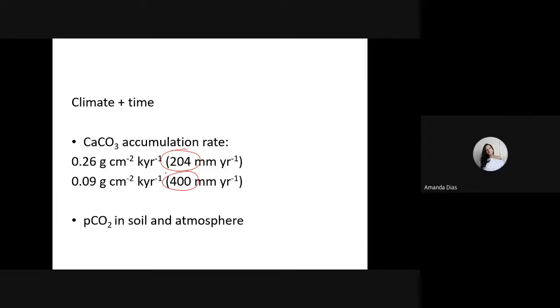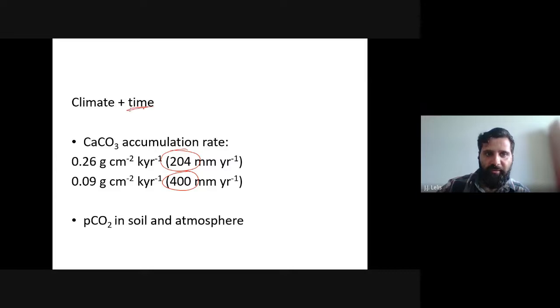So the time, of course, affects the formation of a calcic horizon. The drier the climate, the faster the formation of a calcic horizon.